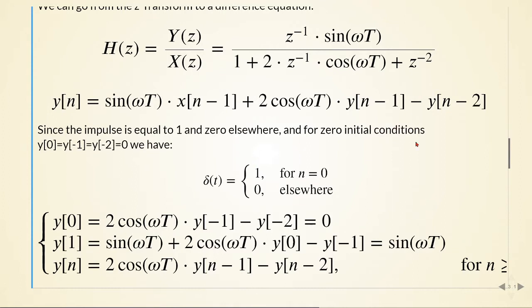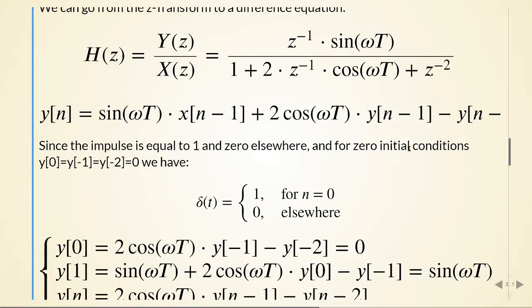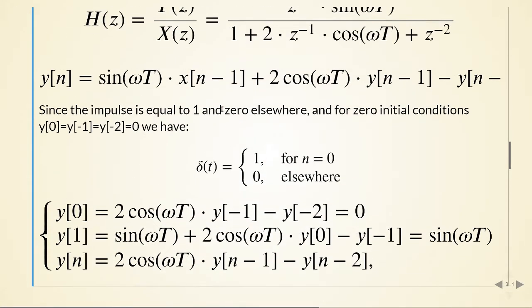And then when n is equal to 2 or more, x will only be 1 when x of 0, that means n is equal to 1.